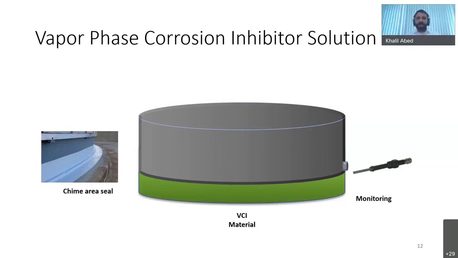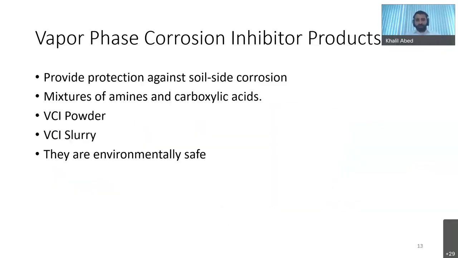So these are the main components of an engineered system, and you can see that we're looking at closing the gap, monitoring the corrosion, and applying an active corrosion protection method, which is the vapor phase corrosion inhibitor.